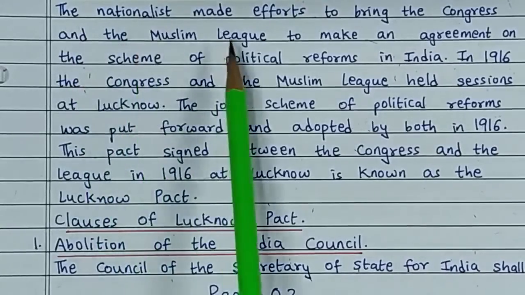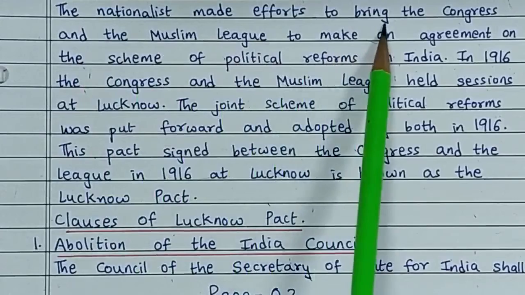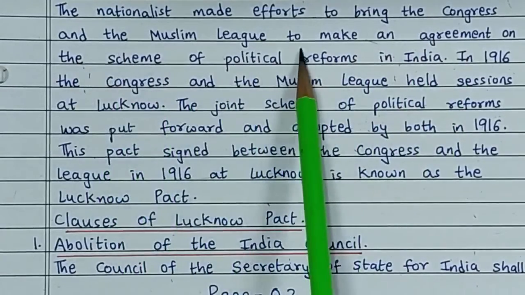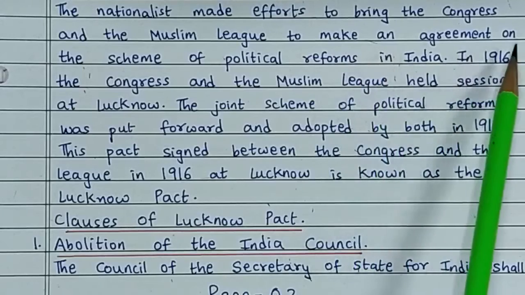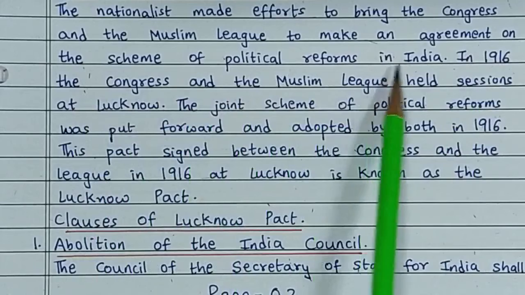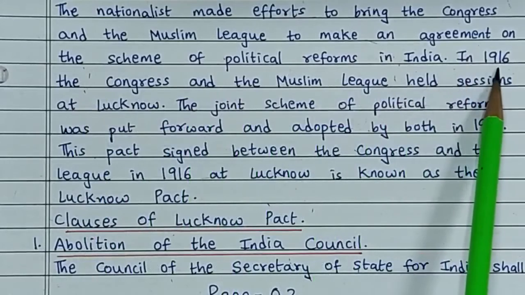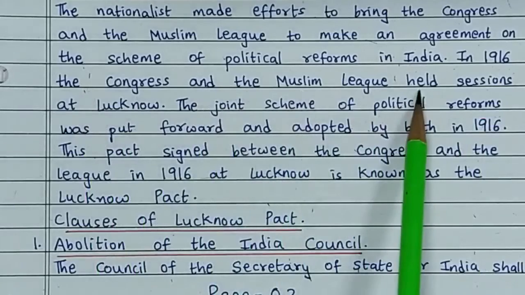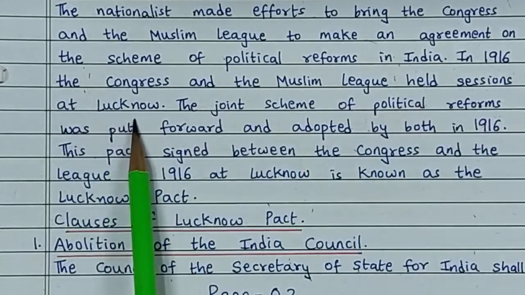Terms of the Lucknow Pact. The nationalists made efforts to bring the Congress and the Muslim League to make an agreement on the scheme of political reforms in India. In 1916, the Congress and the Muslim League held sessions at Lucknow.